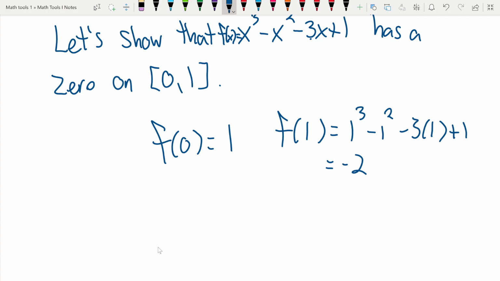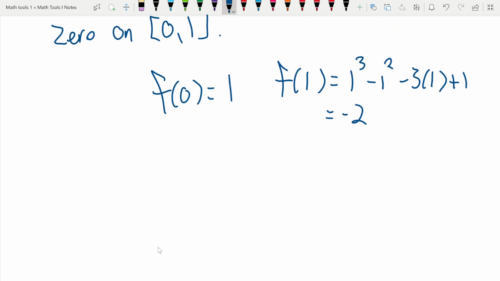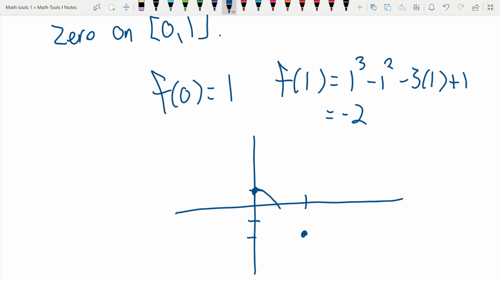So by the intermediate value theorem, this does indeed have a 0 on [0, 1]. Okay. If we look at it graphically, we're saying that at 0, this function is 1. At 1, this function is negative 2. It's continuous in between there, so it must cross the x-axis somewhere on that interval. Okay.